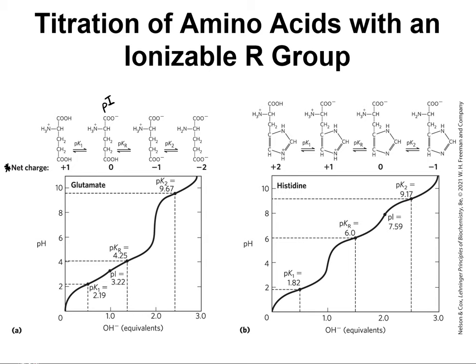And knowing the different ionizable states of the amino acid will help you identify which points you're coming across as you're doing your titration. In the case of histidine, the order of events is pK1, pKr, and then you're looking at the pI.